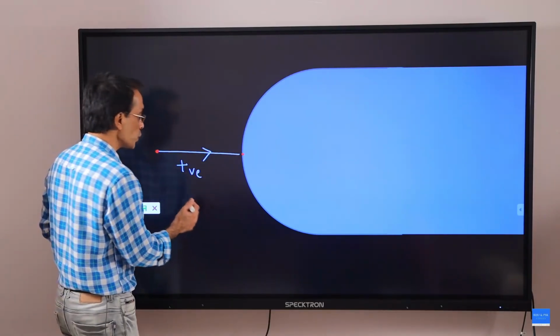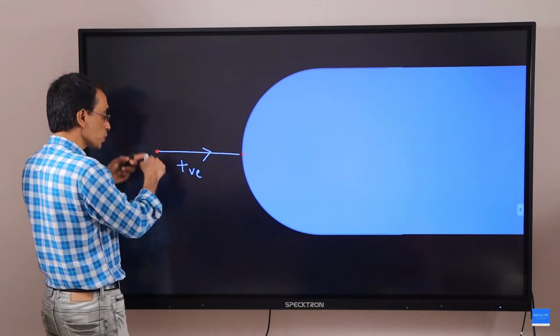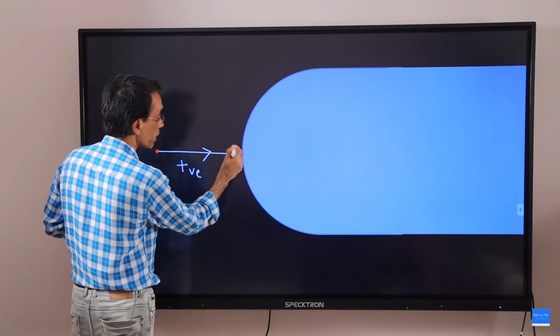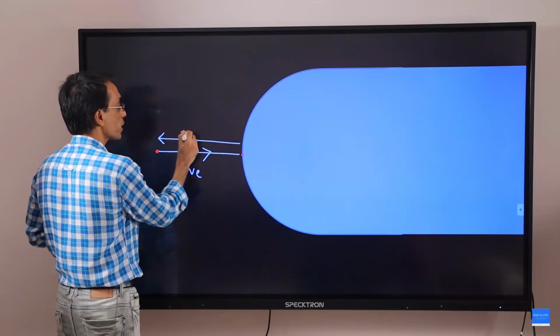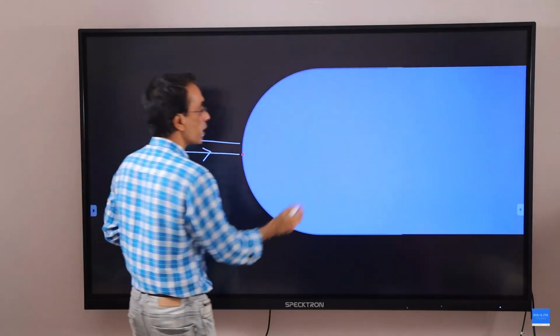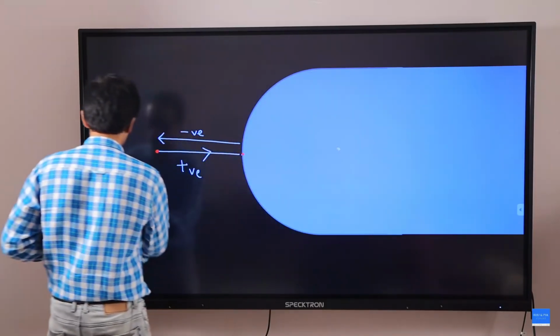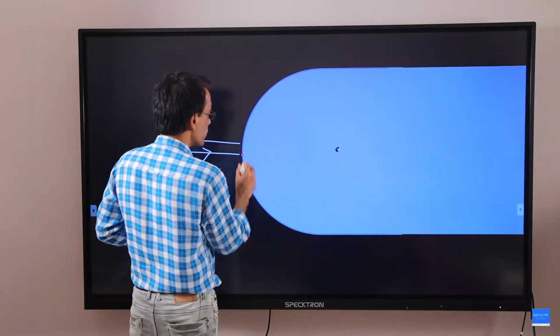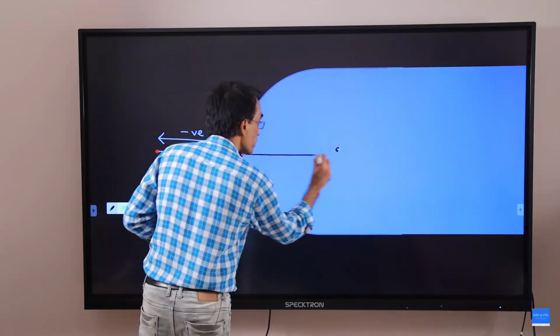Now, suppose you want to know the distance to the source here, then your measurement should start from here in the opposite direction. So that will become negative. Suppose an image is formed there, here. Then you need to measure it from this point, like this.